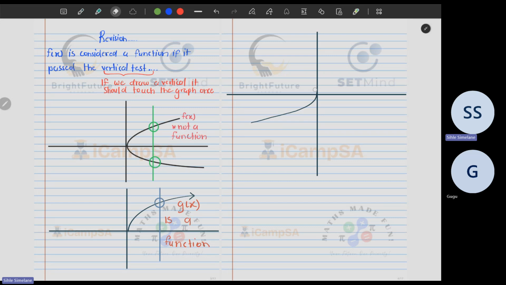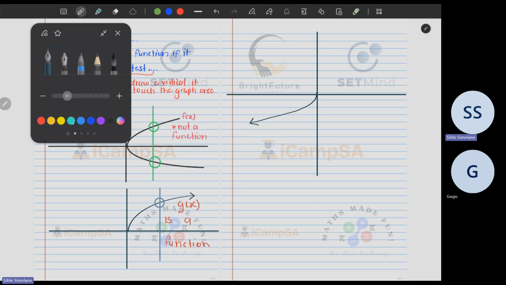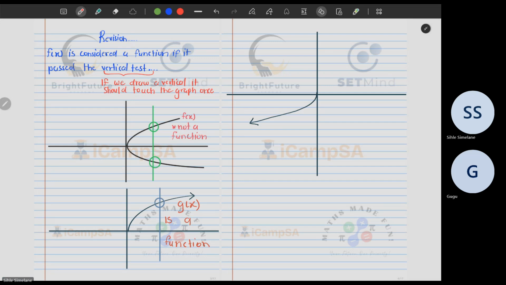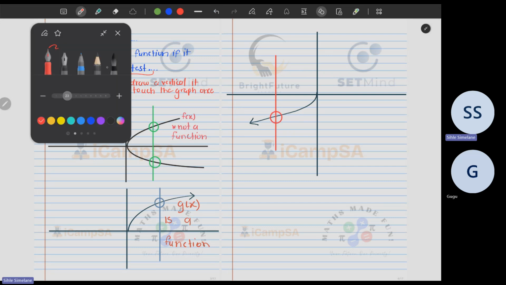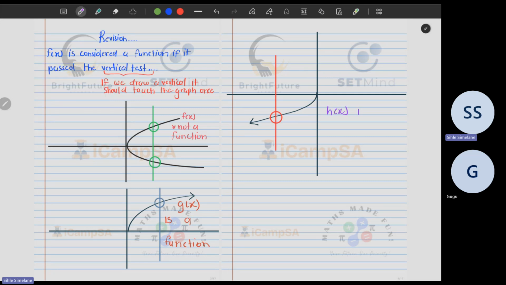So instead of it becoming that parabola, it becomes something like this. And when we do the vertical line test, you will see that it will now only cross this function once, which means it will now be a function. So if we take this and we call it h of x, this one here will be a function because it passes the vertical line test.